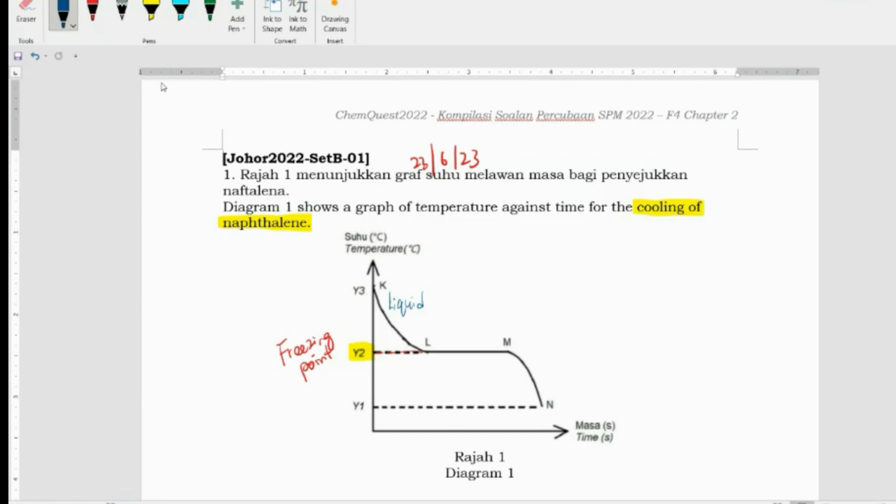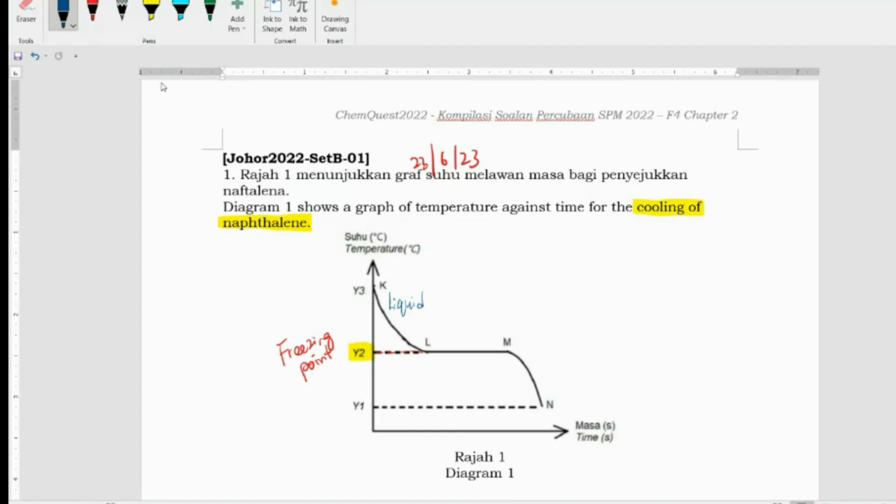How about L and M? L and M. Okay, BB, what do you think? L, M. What is the physical state? Solid? Totally solid? Or it has a mixture? Ada campuran?